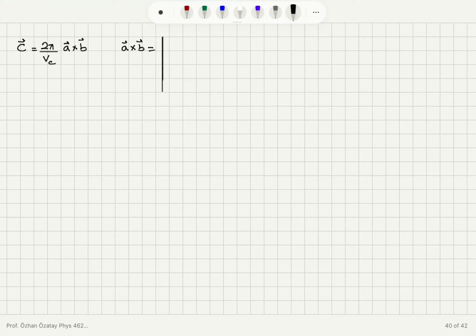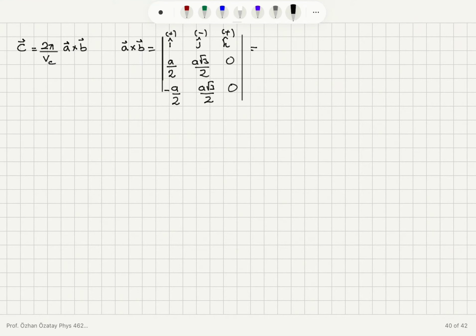So this will be our determinant again. I hat, j hat, k hat. X component of A vector is A over 2. Y component is A square root 3 over 2. Z component is 0. And for B vector, I have X component minus A over 2. Y component A square root 3 over 2. Z component is 0.